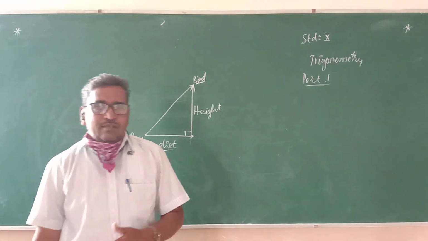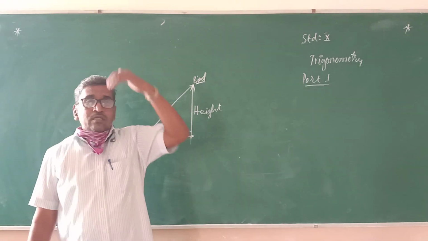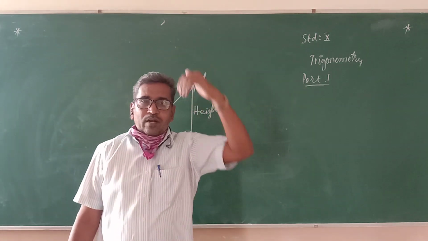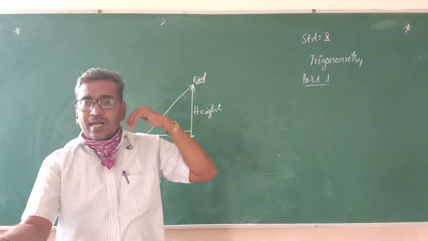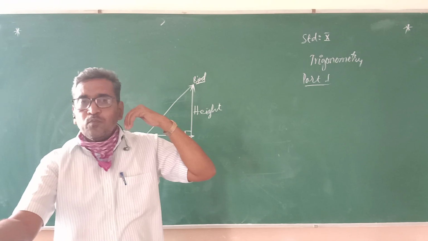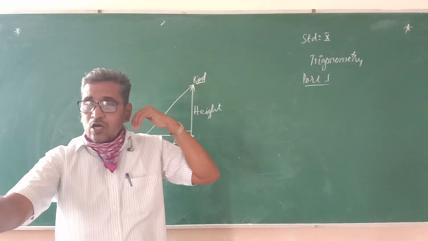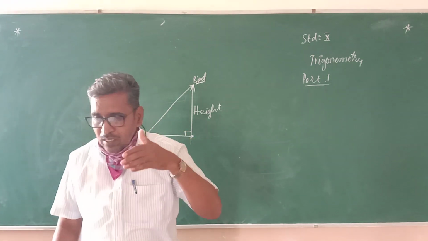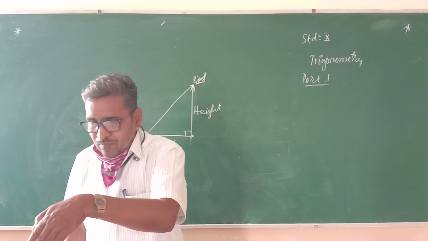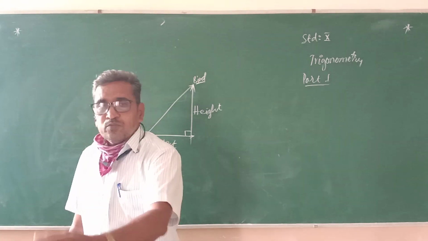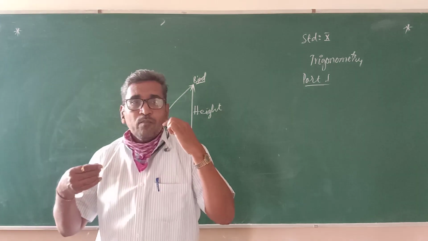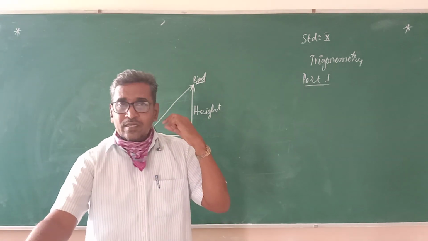And a girl sitting on the top of the building wants to see a car or toy or a pot below on the ground. At that time, she wants to see in this way. Here also, observation means observer and the object. Distance between the position of the building and the object.